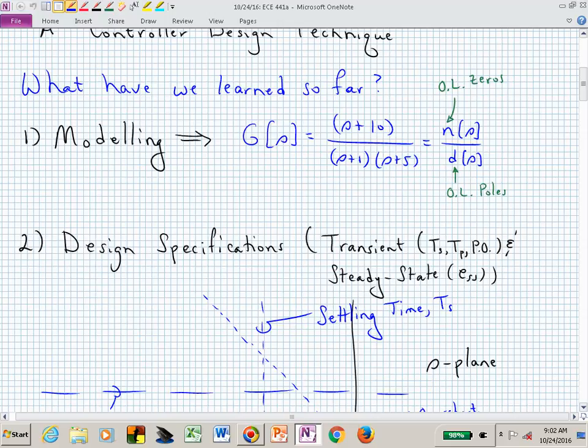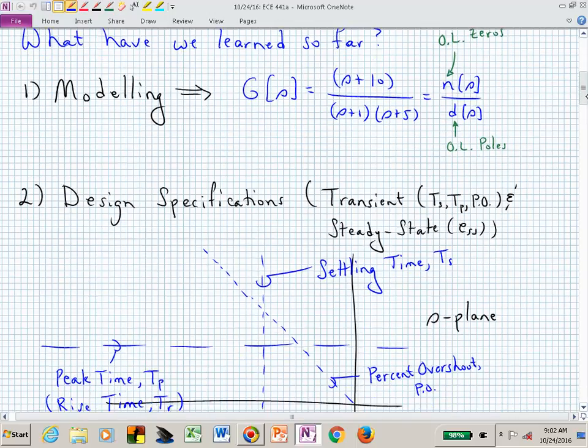At minus 10, and it has two real poles at minus 1 and minus 5. We'll call N of S the open loop zeros, or open loop numerator, and D of S the open loop poles, or open loop denominator. That's our system that you now know how to model many different ways, electrically, mechanically.